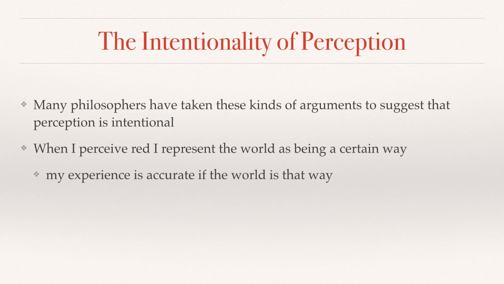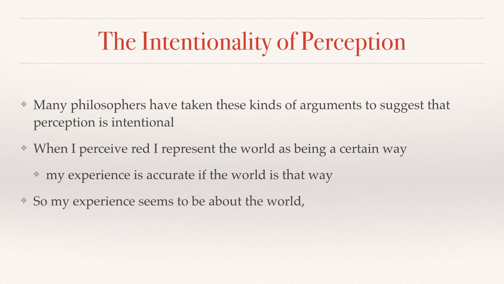And once you have this notion in hand, the notion of accuracy or inaccuracy, which is tied to the notion of a content, tied to the notion of representation, of presenting the world in a certain way, then you have intentionality. Then you have directedness, something standing for something else.